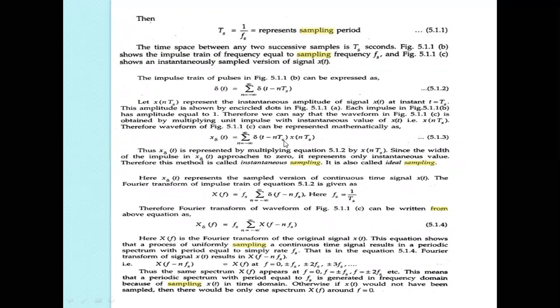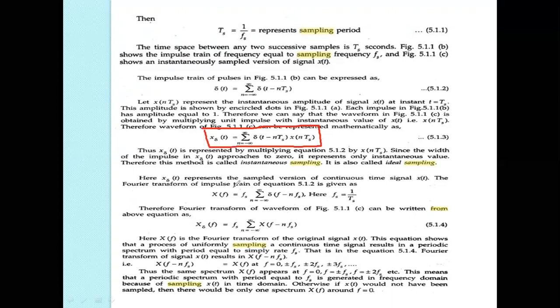And this time domain signal, x of t or x delta of t, is equal to the sum of n equal to minus infinity to infinity of delta of t minus n into Ts times x of n into Ts. Here x delta of t represents the sampled version of the continuous time signal x of t.